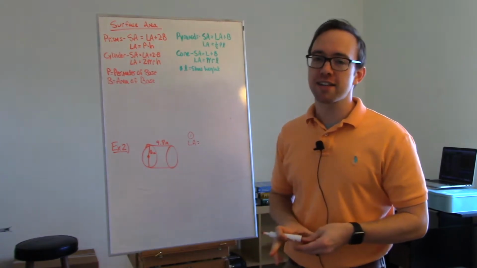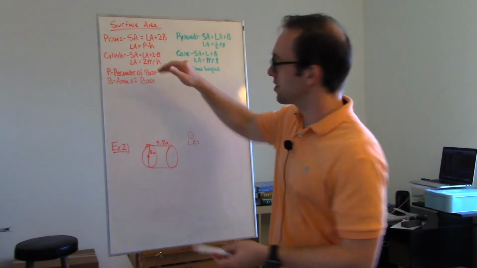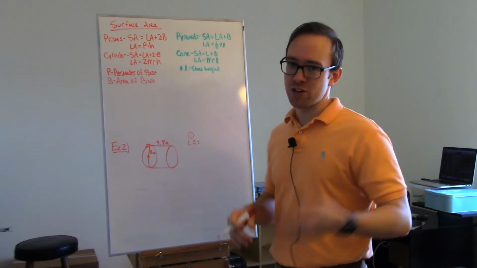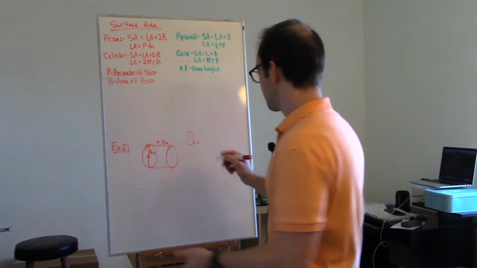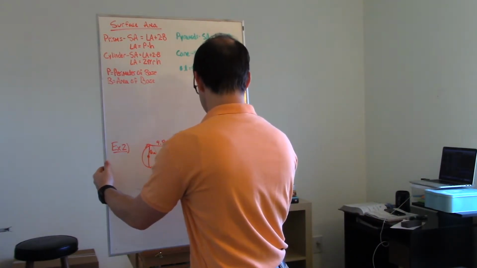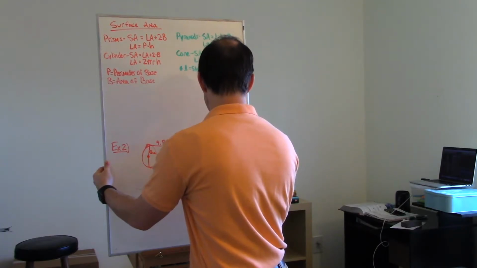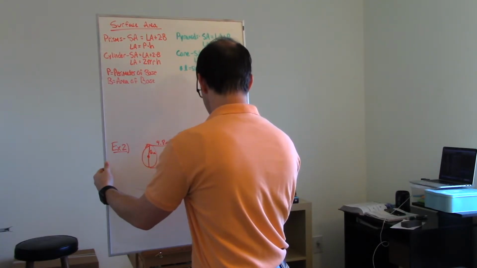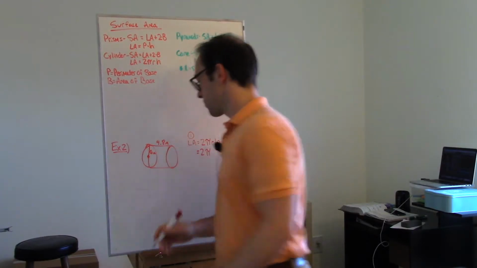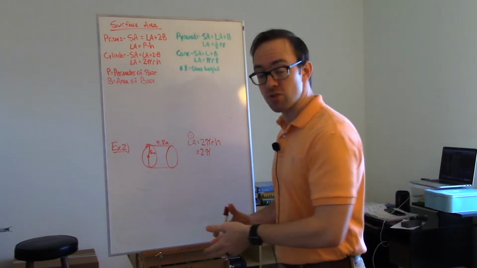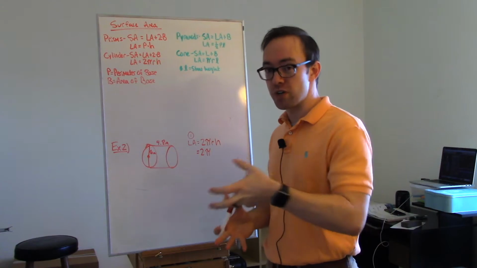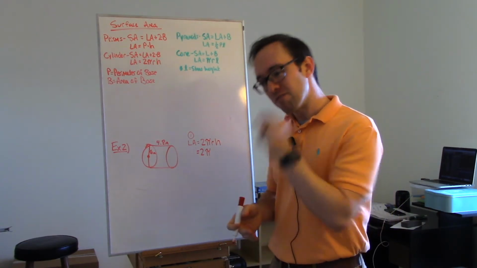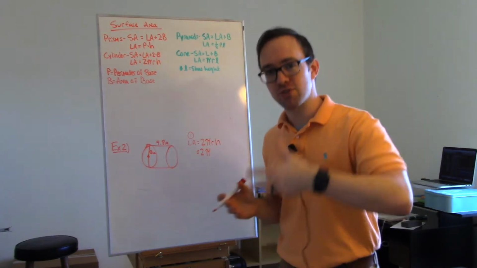First thing is finding the lateral area. The lateral area is 2 pi r times h. We were given the diameter, so if we think back to our circle unit, which was 2 units ago, the very first lesson was dealing with diameters and radius.